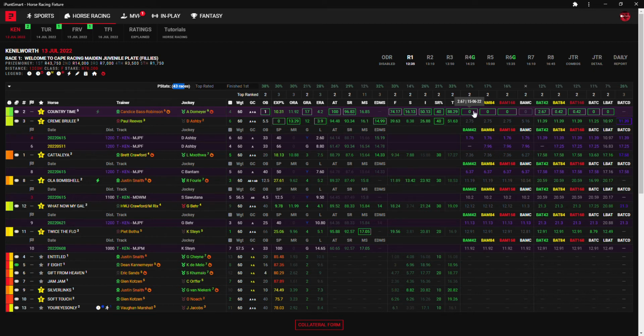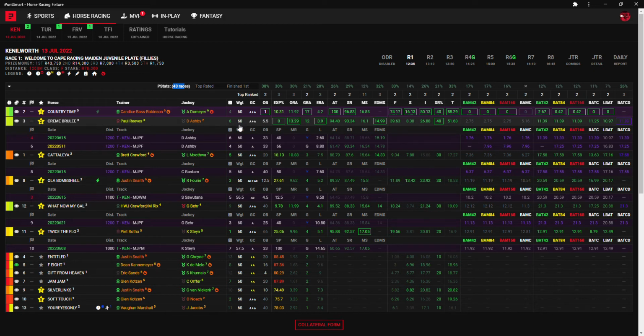So in other words, your average merit rating of the field versus the average merit rating of the previous field that every horse has run against, and then the merit rating of the horse versus the average merit rating of the field the previous time, and that merit rating of the horse versus the average merit rating of the field this time, and then we adjust that based on the actual merit rating of the horse of the race in question, as well as the weight carried previous time versus the weight carried today.